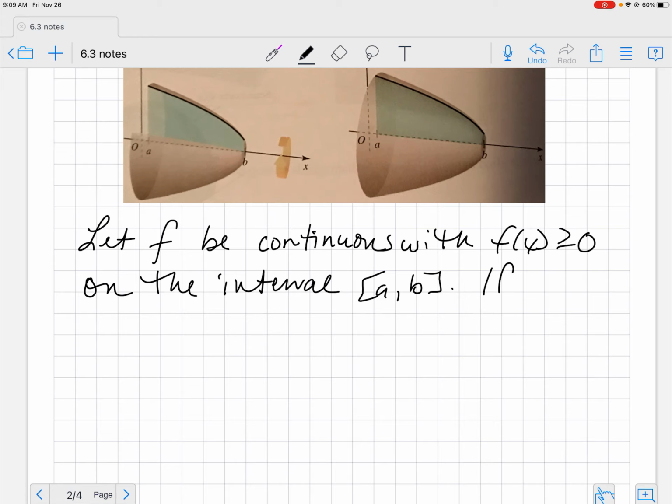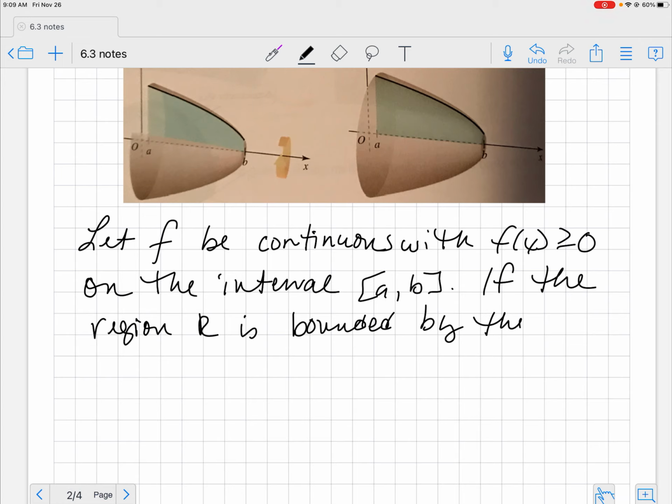If this region R is bounded by the graph of f, which is my function that we were just talking about, the x-axis, because that's making it greater than, right?